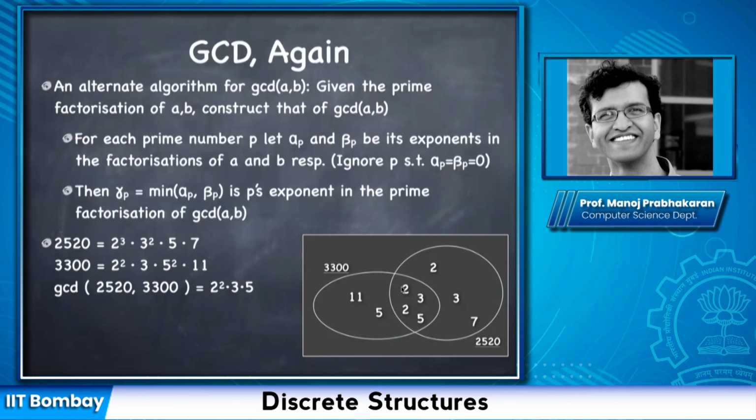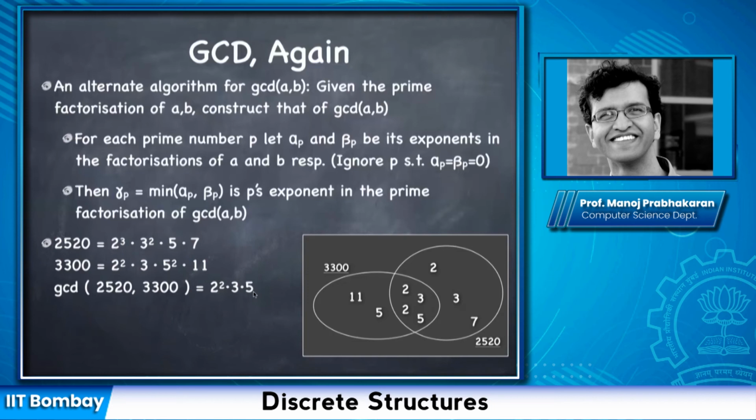So it needs the first copy of 2, second copy of 2, and a third copy of 2, which will be outside the factorization of 3300. And similarly for 5, there are 2 copies for 3300, and only the first copy for 2520. All these things are the factors of 2520. All these are the factors of 3300. And the ones at the intersection are the prime factors of their GCD.